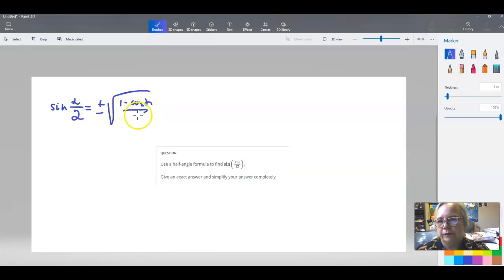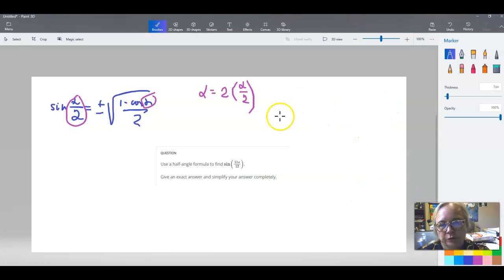Now, please pay attention that here is a half angle, and here is a double angle of alpha over 2, because alpha is 2 times alpha over 2. It's obvious, but sometimes we miss this point when we have numbers.